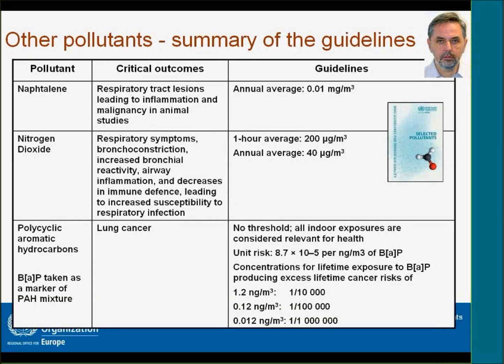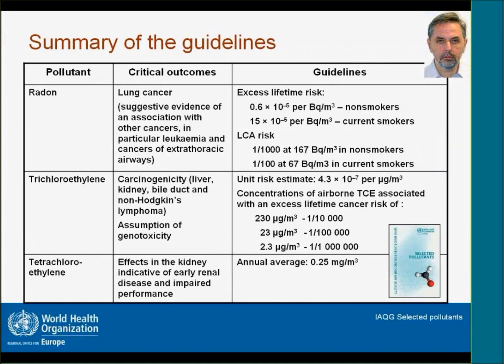So we considered several other pollutants. The guidelines give both critical outcomes and levels of those pollutants and recommendations that houses should stay below the levels indicated in the guidelines.